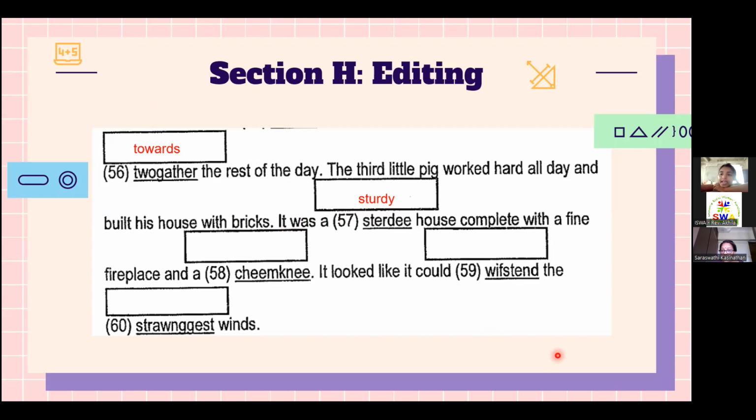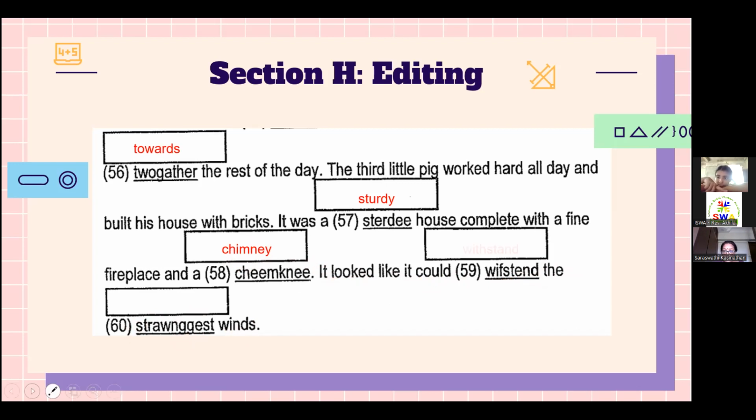Okay, very strong. It was a sturdy house complete with a fine fireplace and a chimney. Okay. Can anybody spell chimney for me, please? C-H-I-M-N-E-Y. Chimney. Very good. It looked like it could withstand the strongest winds.